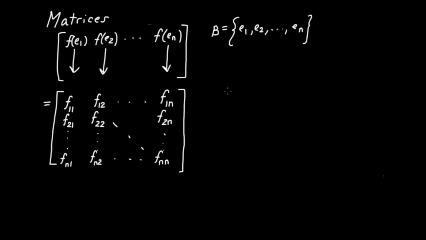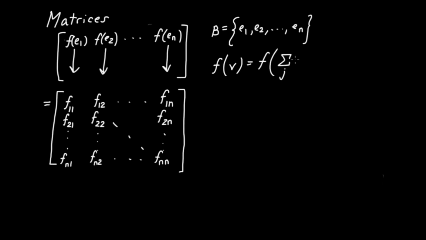Now let's use this notation that we've developed for writing down the elements of a matrix and return to our linear transformation f and see how it operates upon the vector v. So what we're going to do is, again, express v as a linear combination of the basis vectors.